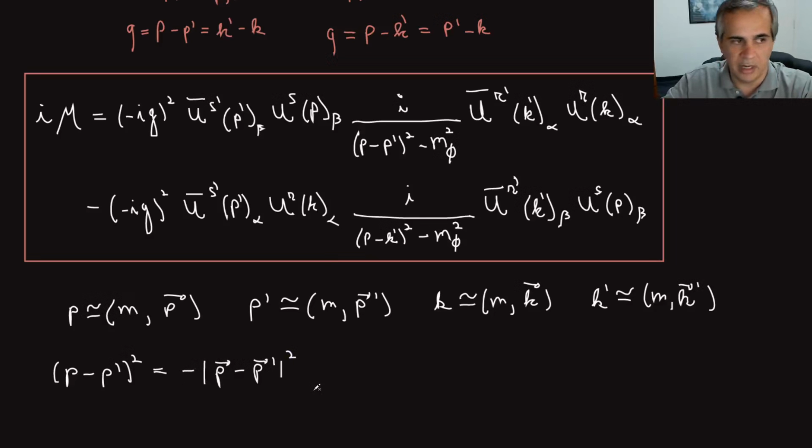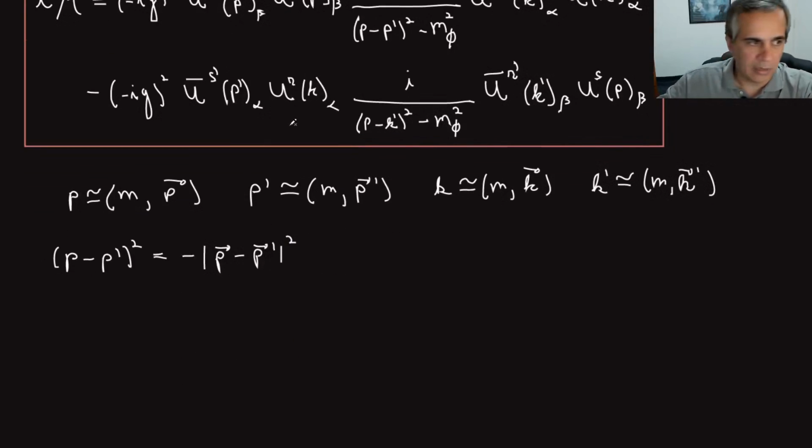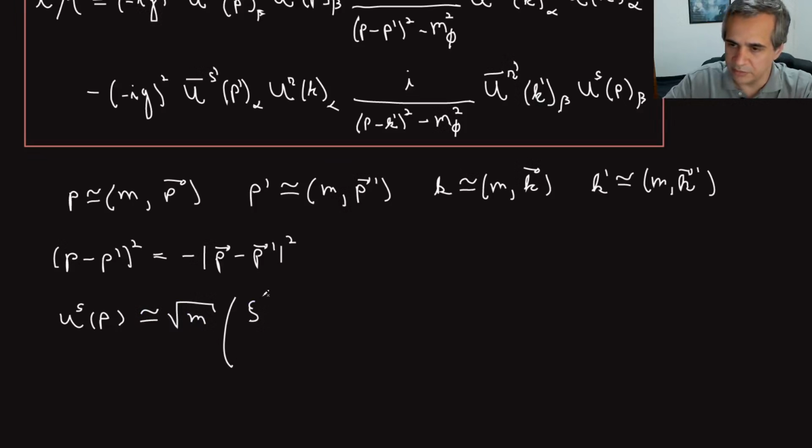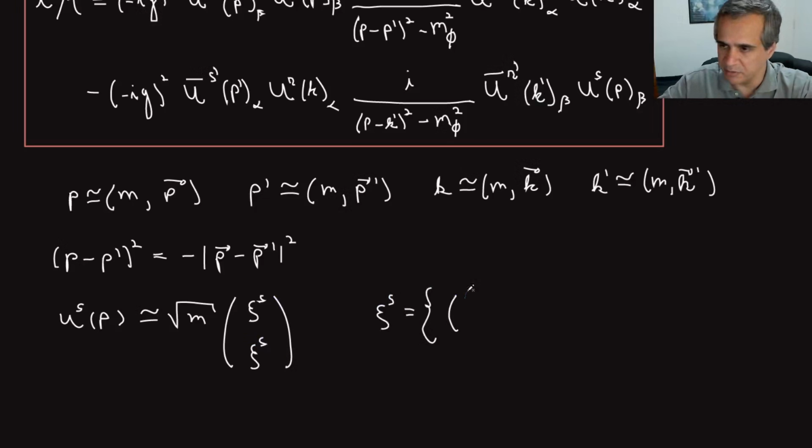It's just 0. Also, u can be simplified. I know that in the non-relativistic limit, u_s of p is already given by square root of m times the spinors, the spin direction, right? Which I'll take in this basis, which is the simplest one.